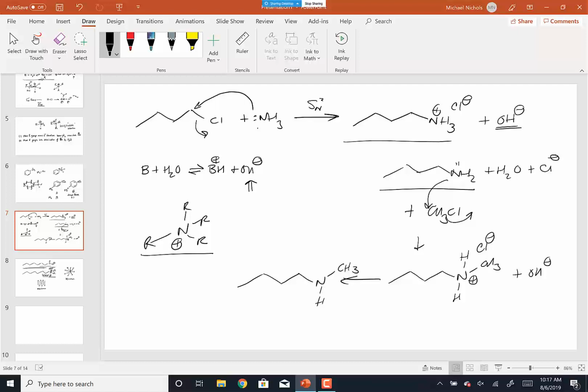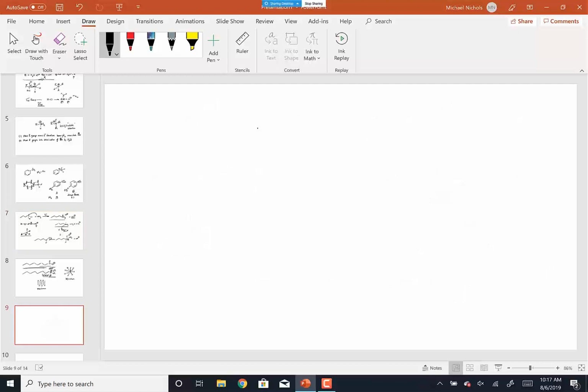You can do that as many times as you want, but every time you do it, you got to use hydroxide to basically get rid of the HCl. So that's the simplest method to make amines. We will use that. But then there are some other methods that we can use based on reactions that we hopefully know.